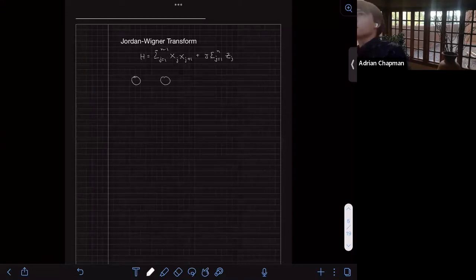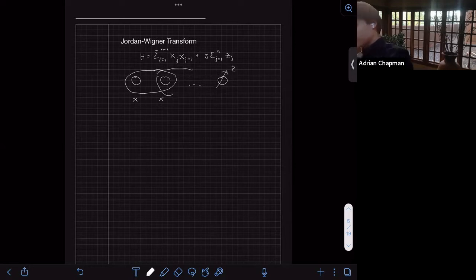If I have, say, n spins, I have an XX type interaction over each nearest neighbor pair, and a local transverse field generated by Z, a field in the Z direction. And we're going to perform an exact solution on this model. The way we do this, perhaps this is familiar, is to define what are called Majorana modes.